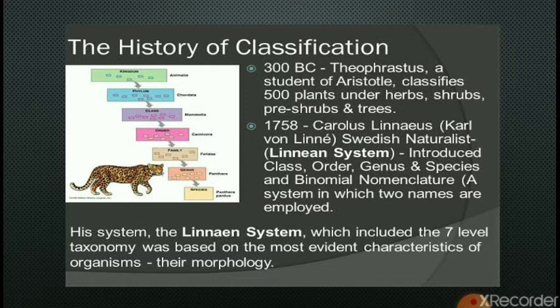His system, also known as the Linnean system of classification, included 7-level taxonomy, which was based on the most evident characteristic features of living organisms, that is, their morphological features.